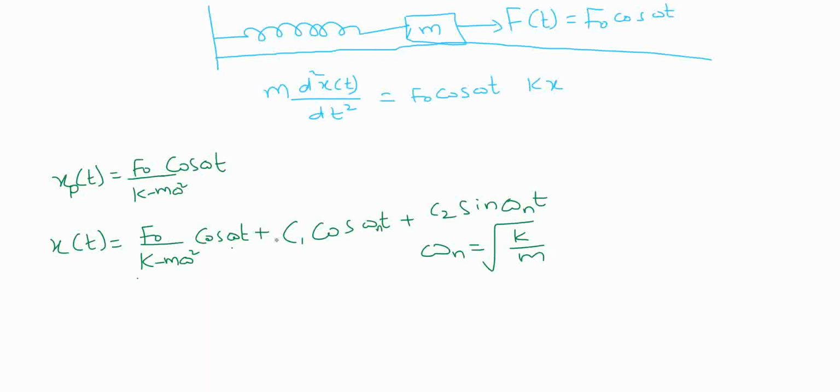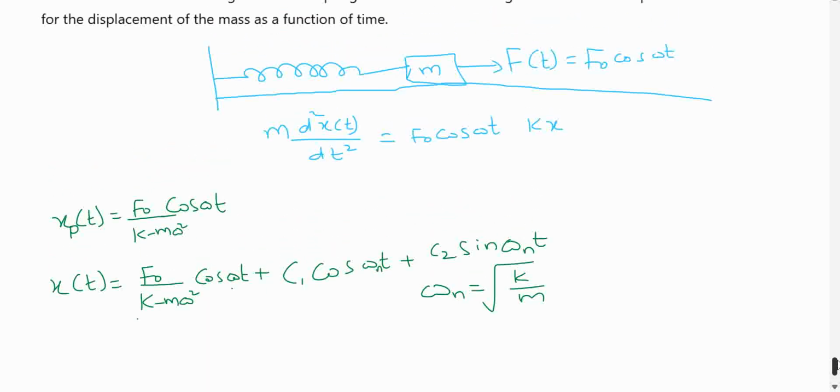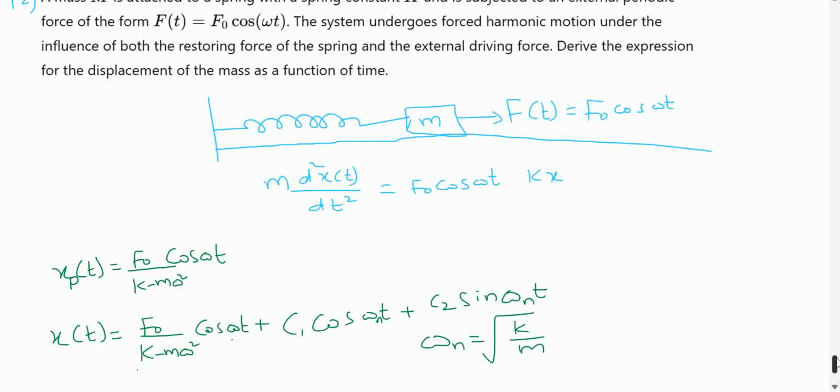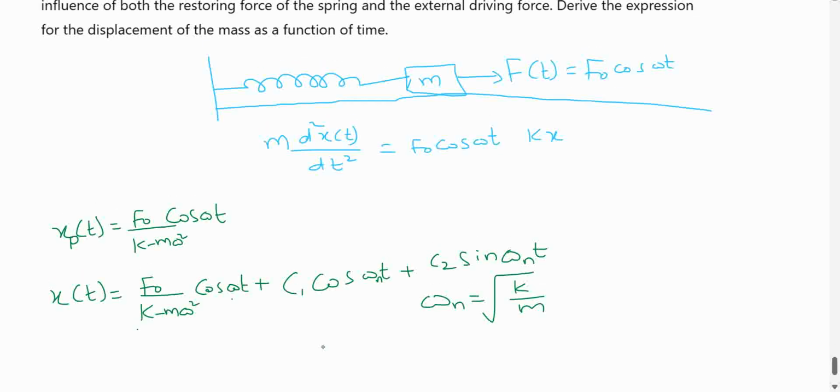Now in the question, if initial conditions are given, we can solve this. But since initial conditions are not given, let's put this in this manner. Also, as I told you earlier, we can write the same as a cos omega n. Don't forget this omega n is different from the forced frequency. And this is the best way to write.